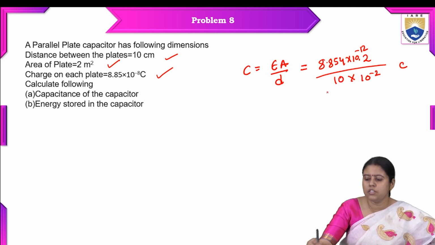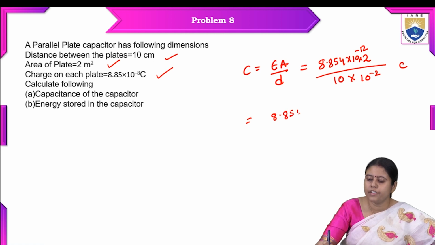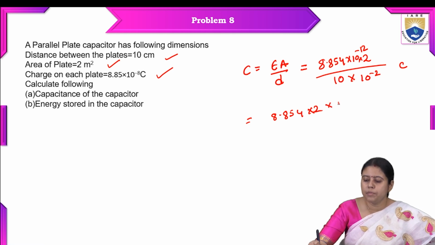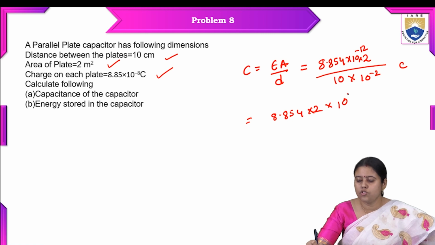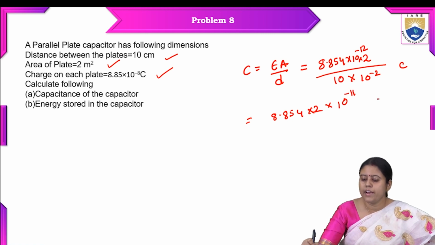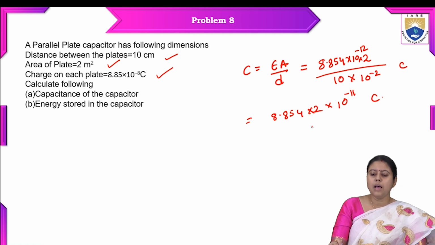So what value are we getting here? 8.854 into 2 into 10 to the power minus 13 minus 2. 13 minus 2 means minus 11 farad. This is the value.